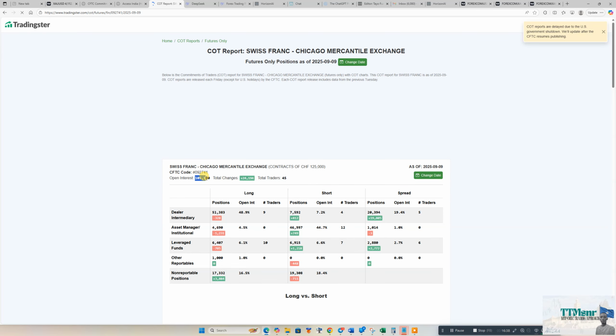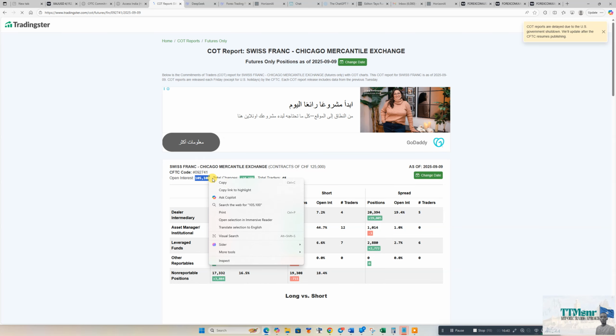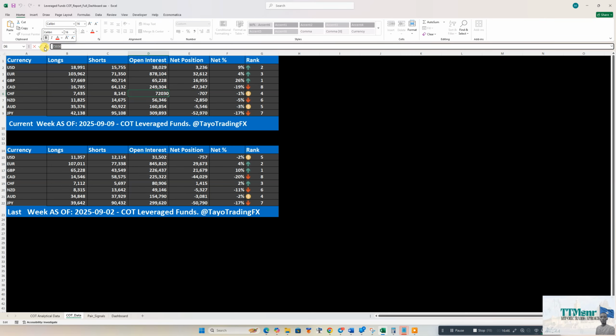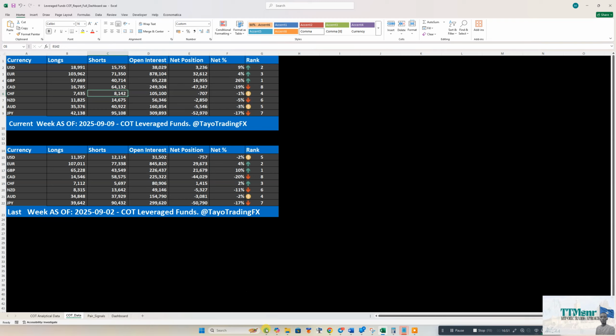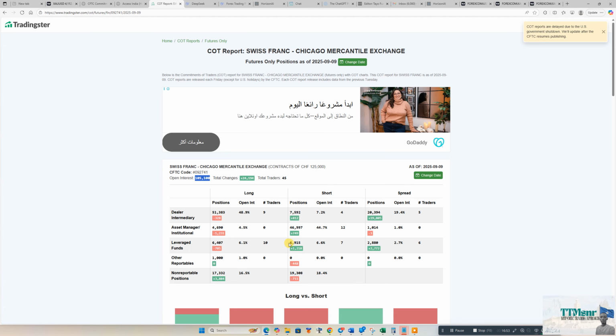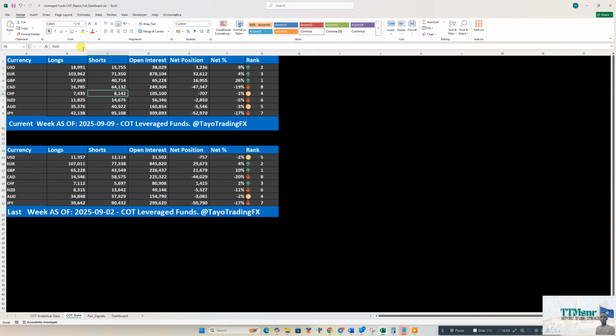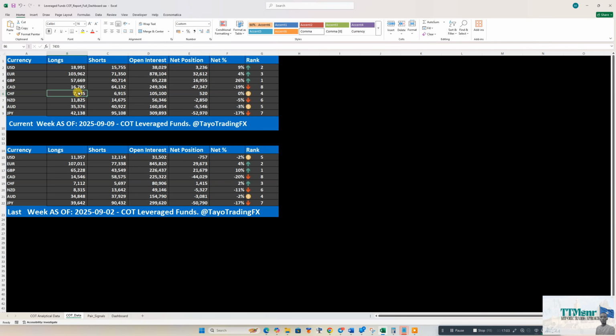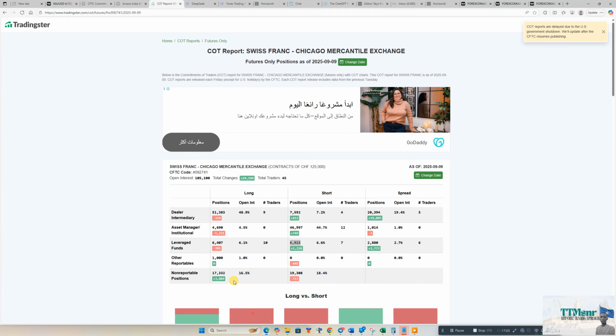Okay, first let us take the open interest. Move that open interest here, place it here, and take short positions. And then put it here. Then long positions.